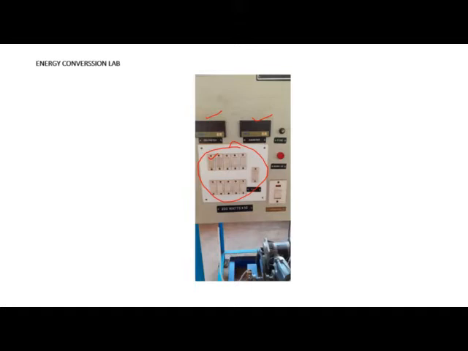When I switch on the first switch, I am applying a load of 200 watts or 0.2 kilowatts. When I switch on two switches, I am applying a load of 0.4 kilowatts. How to apply the load will be explained later.